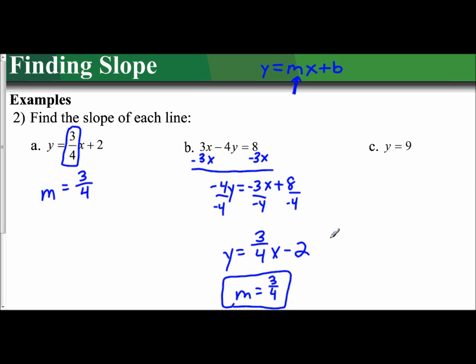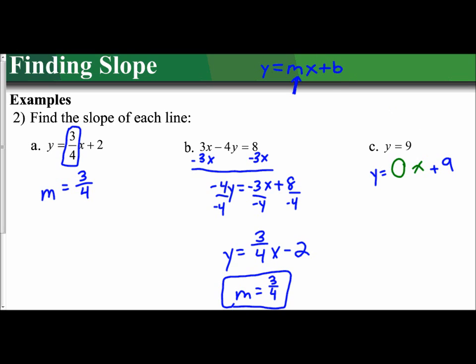Positive 2 here, negative 2 here, so I have a positive 9. So I do have that plus b. What I'm missing is the something times x. Well, if there's nothing there, then that is represented by 0. I mean, 0 times anything is 0, so we can just cancel this out and get y equals 9.